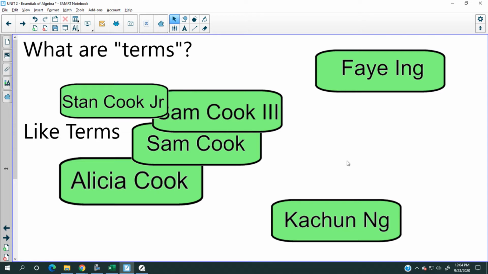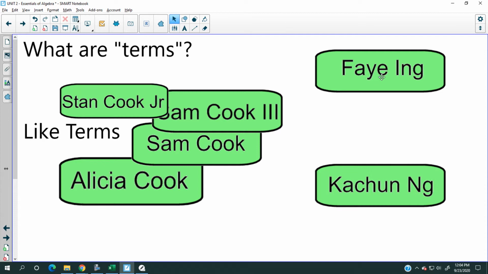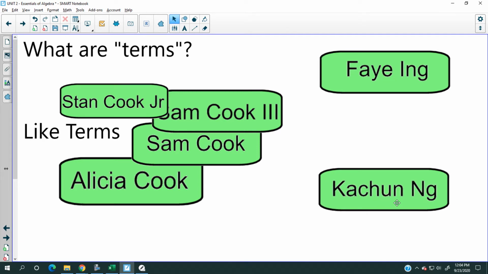Whereas these two, Fei Ying and Kacheng Ying, they wouldn't be in the same family. Why? Because they spell the last name differently. So even if it sounds the same, they might not be in the same family.